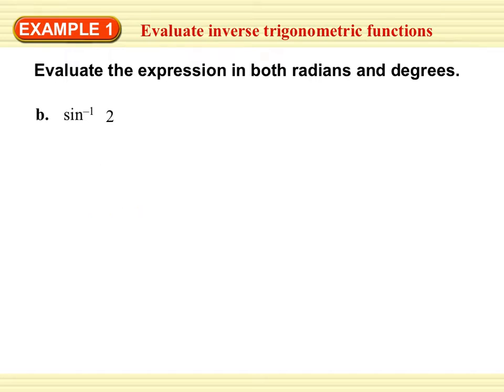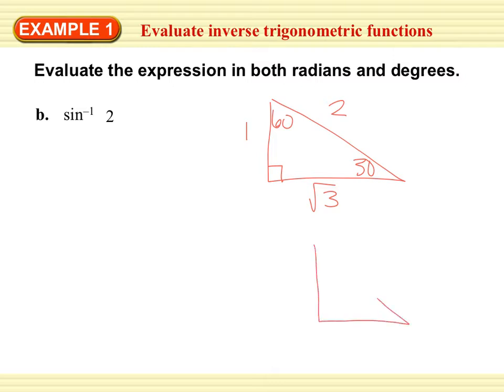How about sine^-1 of 2? I wish I didn't have to draw this every time. 30, 60, 90: across from the 90 is 2, across from the 60 is root 3, across from the 30 is 1. Or even my 45, 45, 90: 1, 1, and root 2.